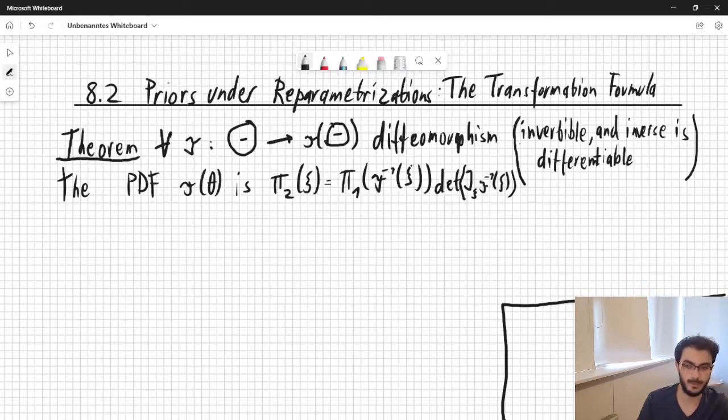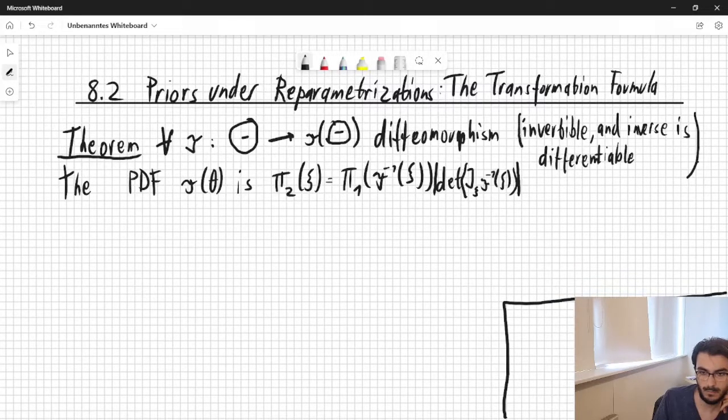And here we take the absolute value. Where pi 1 is just the prior, so the distribution of theta.